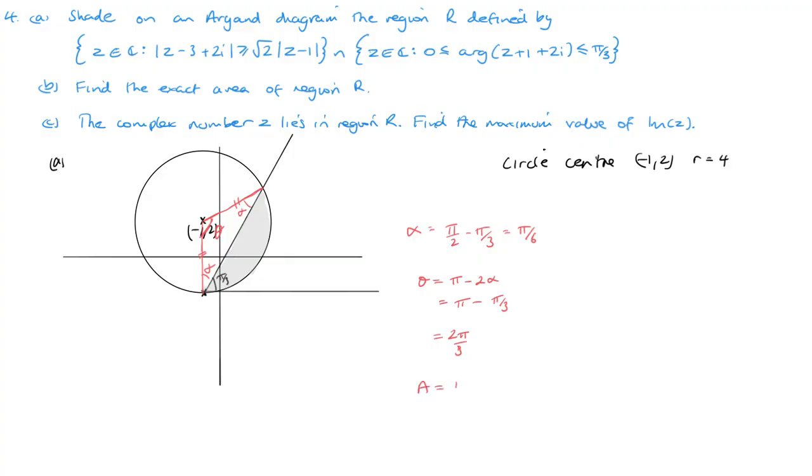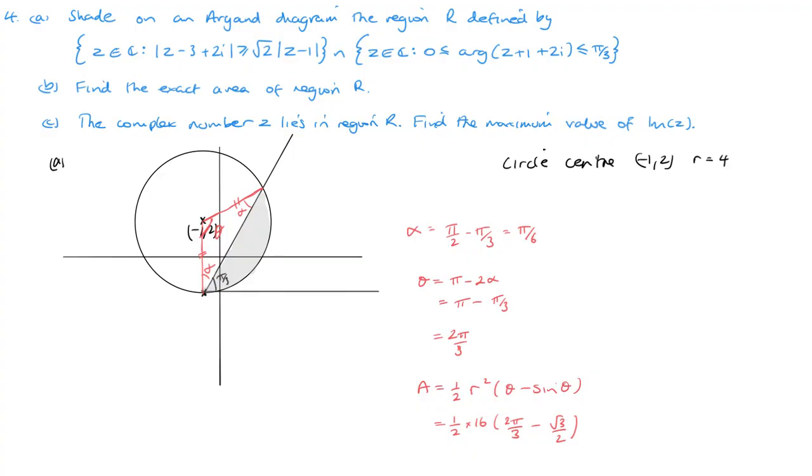Then the area is half r squared (theta minus sine theta). So half times 16, the 4 squared, times (2 pi upon 3 minus sine 2 pi over 3, which is root 3 over 2).